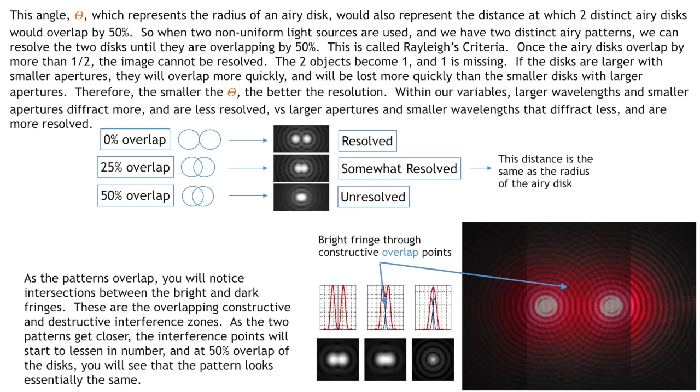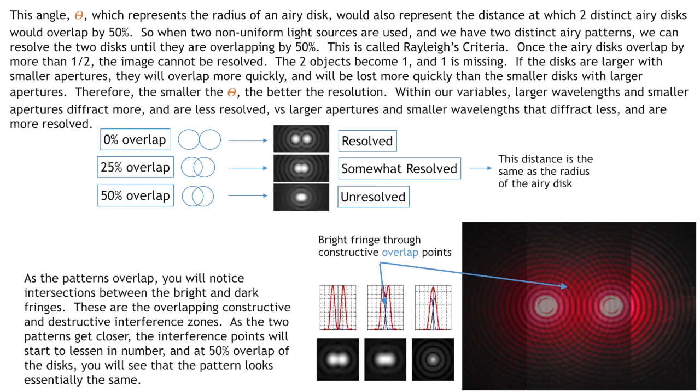And this distance where it's somewhat resolved, just before 50% essentially, is the Rayleigh criteria. And this distance happens to be the same distance as the radius of the Airy disk, right? So 50% overlap of two disks is the point of the radius of a single Airy disk.